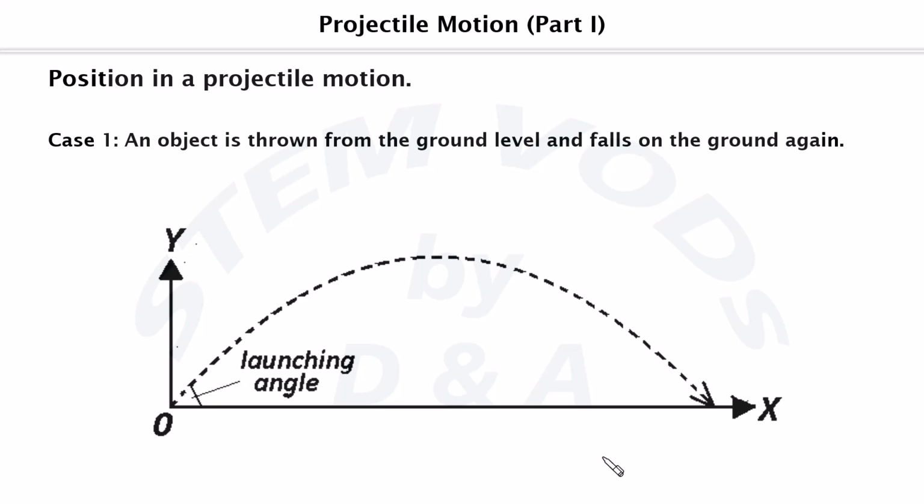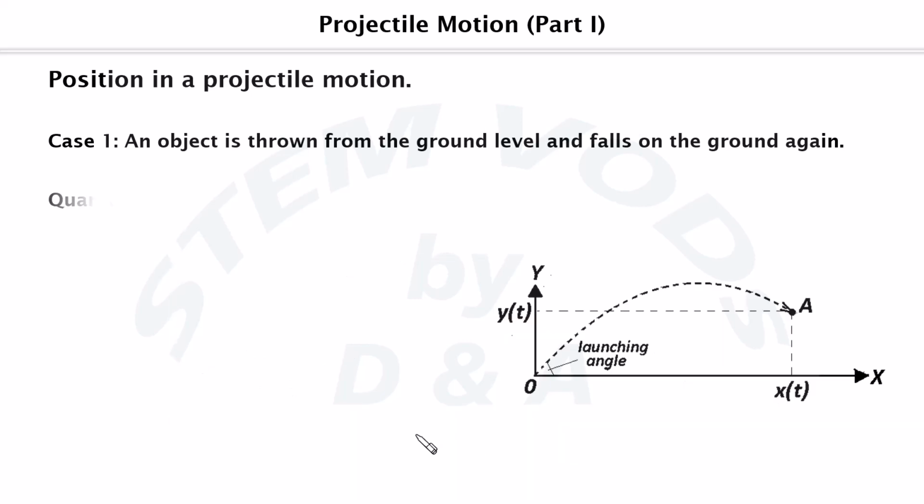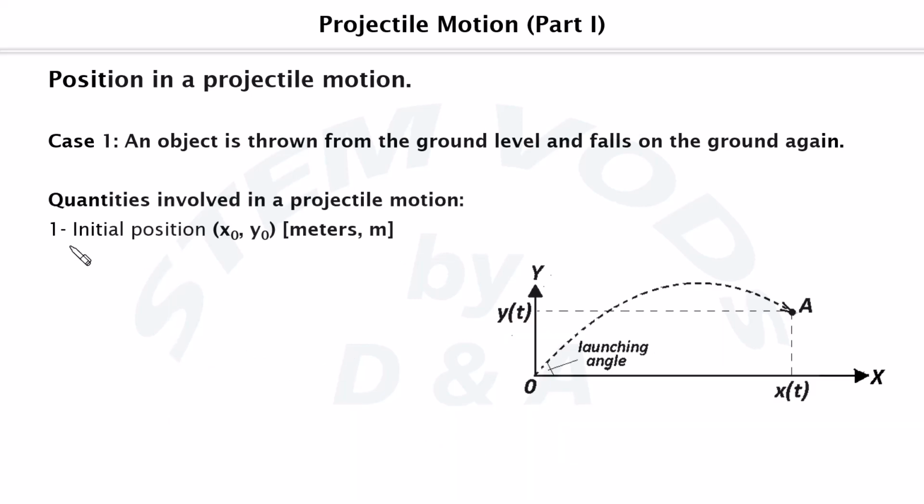The following quantities are involved in the calculations when dealing with projectiles. The initial position is represented by two coordinates, x0 and y0, because a projectile represents a two-dimensional motion, and therefore, it needs two coordinates. x0 represents the initial horizontal coordinate and y0 is the initial vertical coordinate.